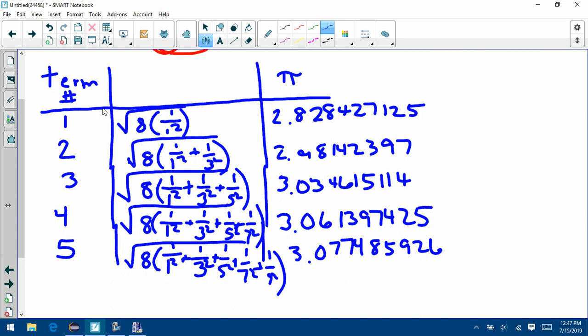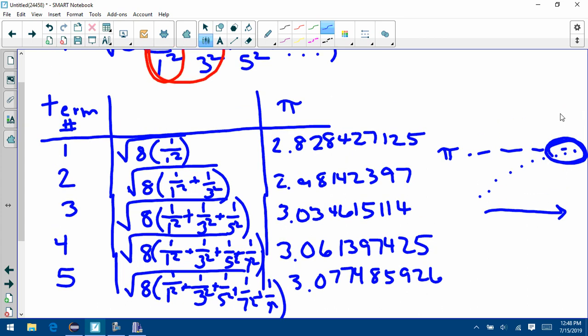The limit, as the number of terms goes to infinity, of this value is going to be pi. It's kind of like an asymptote. The more terms I get, the closer these values get to pi.